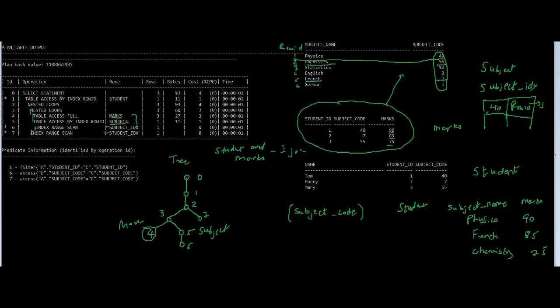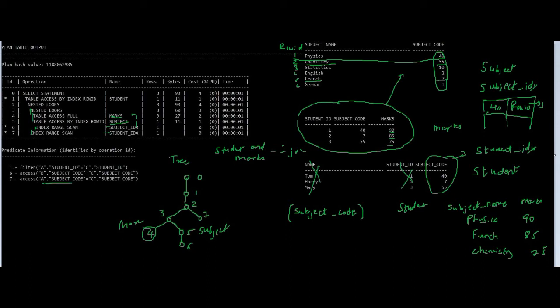As you can see here, there is a where clause: a.subject_code equals c.subject_code. So this a.subject_code is being accessed with the help of the student IDX index, which is a good thing because we are not accessing an entire row, so no need to access name and student ID if we are only comparing the subject code, right?